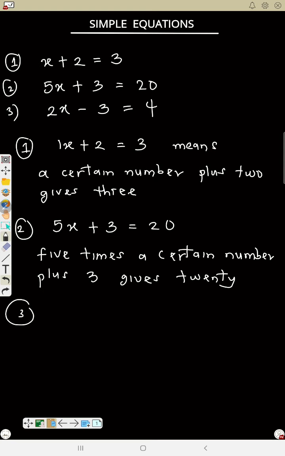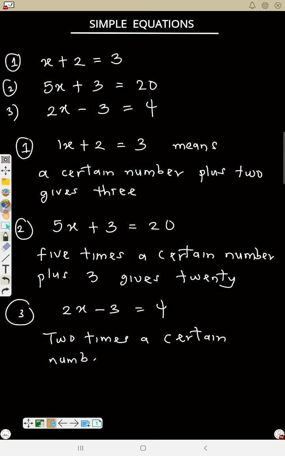Number 3, 2x minus 3 is equals to 4. Can you try? So I have 2 here, so that will be 2 times a certain number minus 3, or 3 is subtracted from 2 times a certain number.